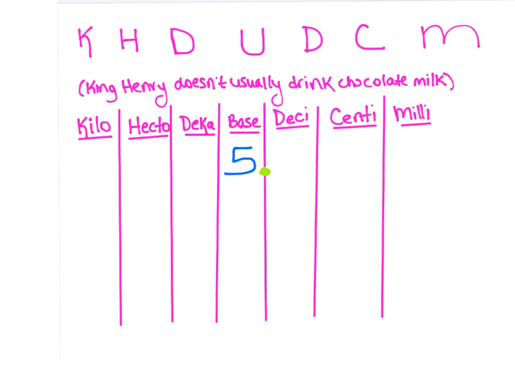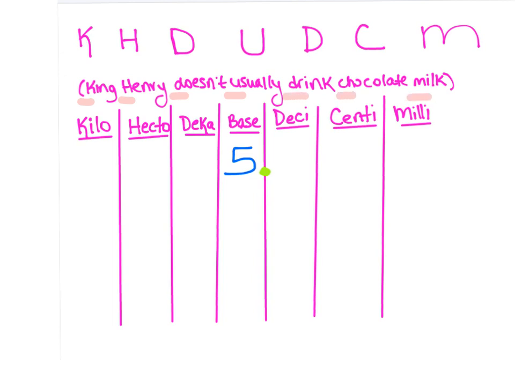And we have obviously discussed in class before, when we were watching the Brain Pop, that we can use the mnemonic device "King Henry doesn't usually drink chocolate milk" to remember the order. The first letter of each being the ones that we use.